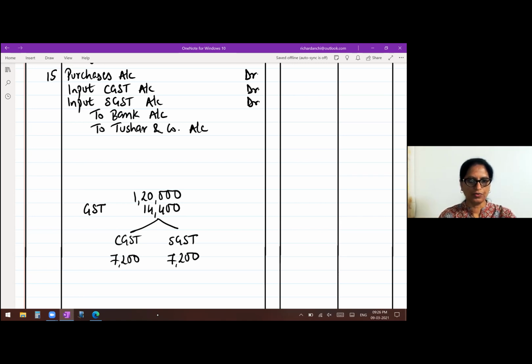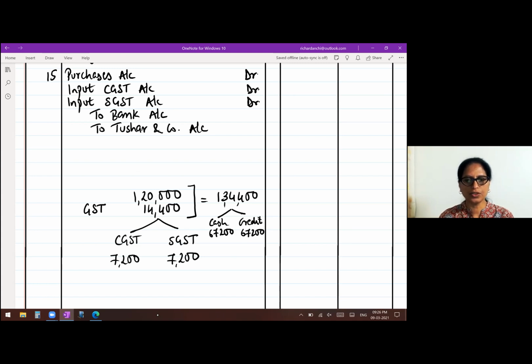Then if you see, 1,20,000 plus 14,400 equals 1,34,400. Now this total amount is paid half by bank and half is on credit. So you will divide by 2. So if you divide between bank and credit, it will come to 67,200. Half means divide by 2.